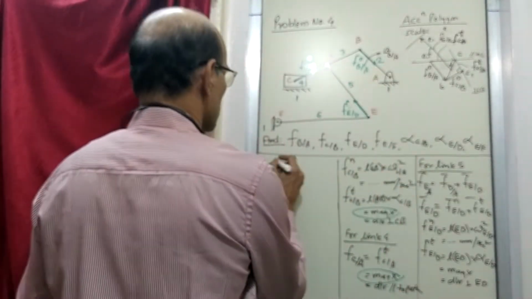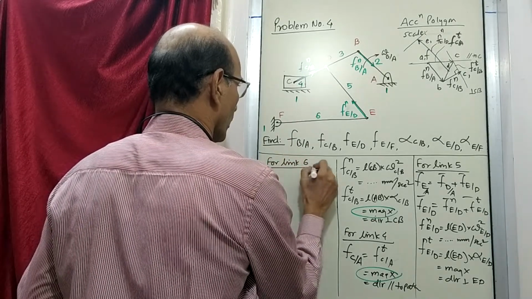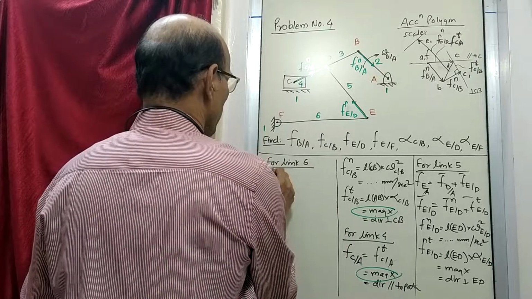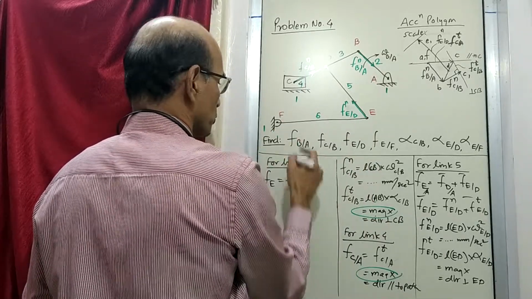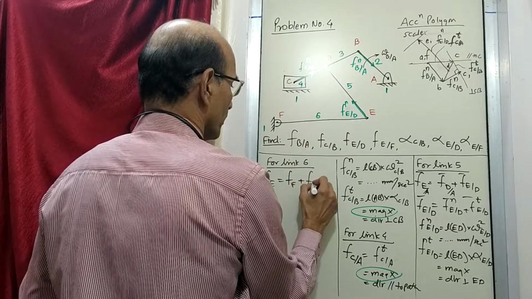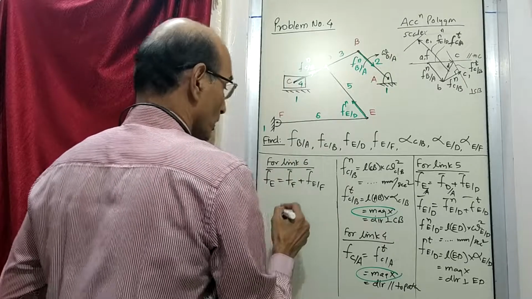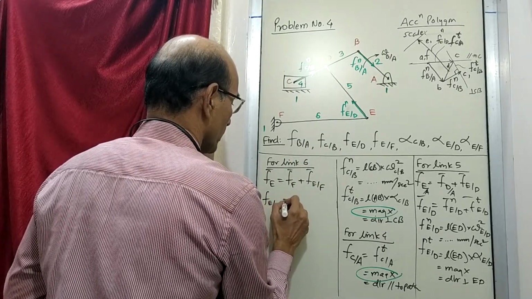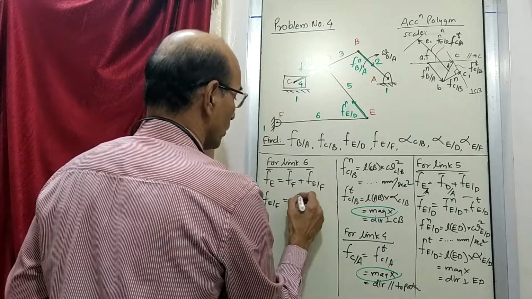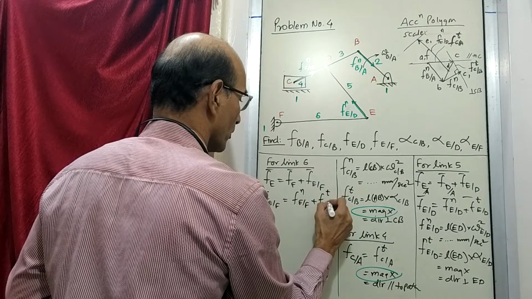So for link number 6 we write acceleration of any point E is equal to acceleration of a known point F plus acceleration of E with respect to F. Now for this, the acceleration of F is 0 and this will have 2 components like this.